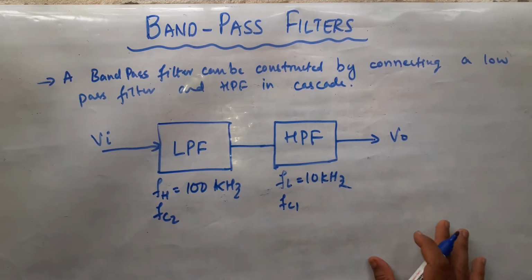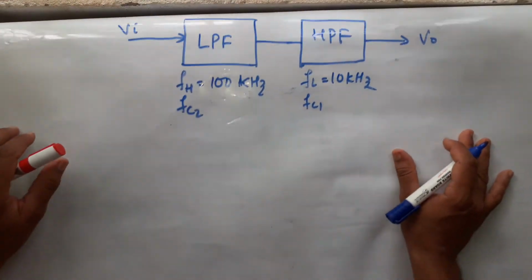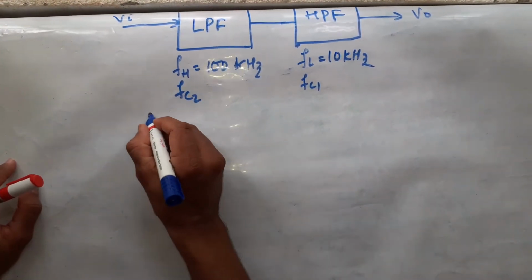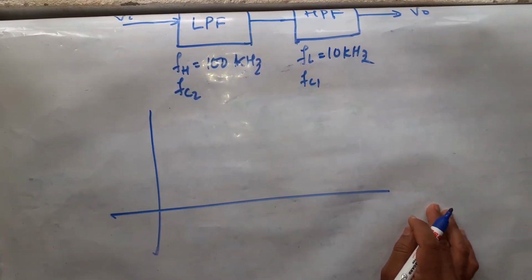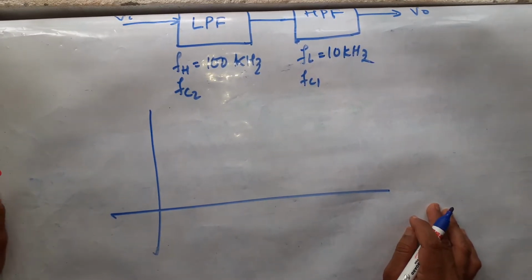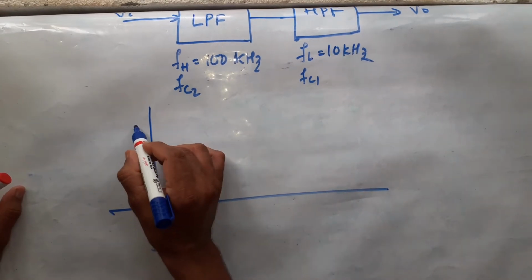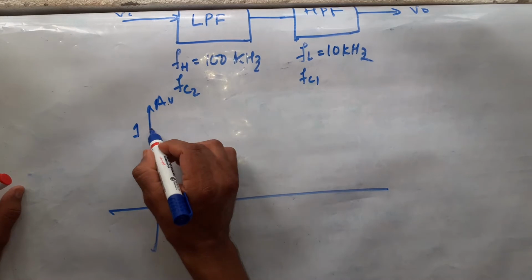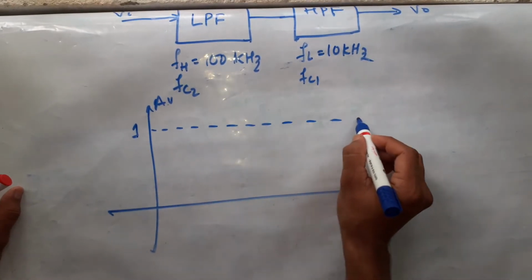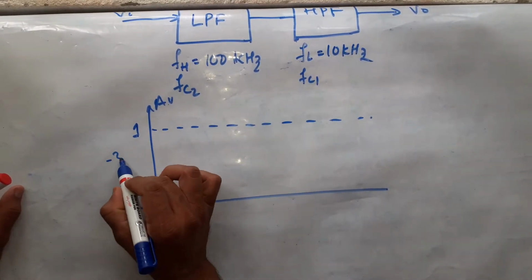Fine. So let me draw its frequency response. Suppose this is your gain 1, and minus 3 dB is here.